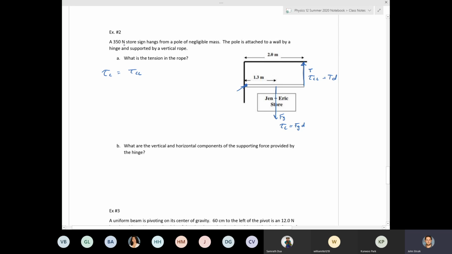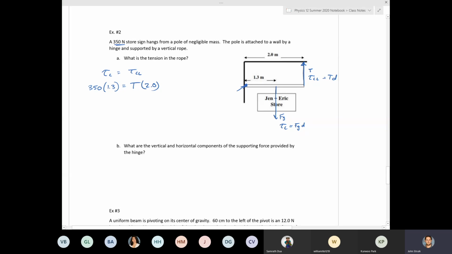Fg, we already know that it's 350 newtons. So it's going to be 350 times its distance from the pivot point, which is 1.3 meters, equals the torque counterclockwise, which is the tension, which is what we're trying to find, times its distance, which is 2 meters. Now we only have one unknown, the tension.